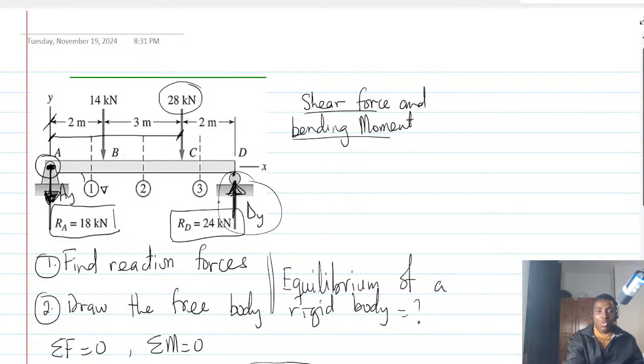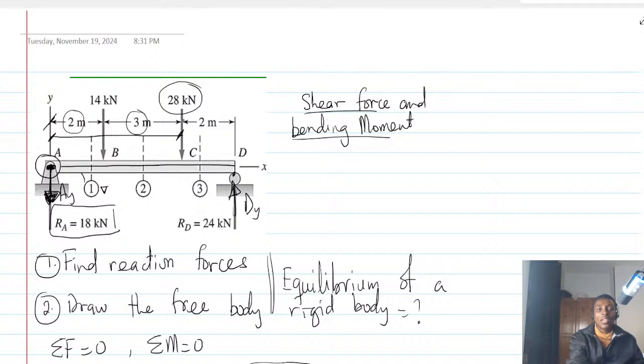But this time we are going to do dy. dy is coming upwards, we said that dy is going up. If I multiply by the entire distance to A, that distance is 2 plus 3 plus 2, which is 7.